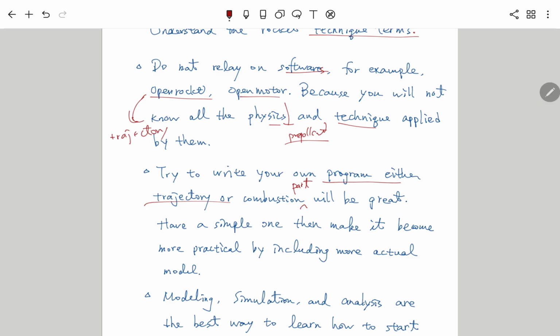That helps you realize more in the process how the rocket really flies in the sky and what really happens in the combustion. So that would be great if you can write your own program.